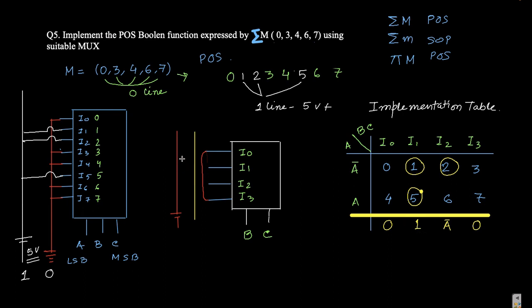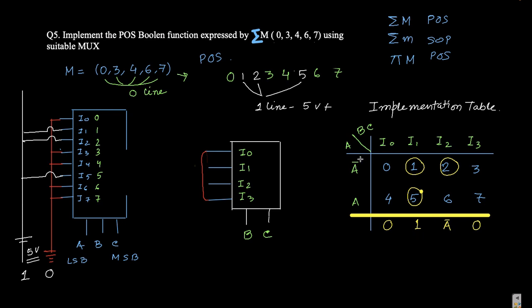So you can erase this. There is no need of 0 and 1 here. If it were 8:1 or 16:1, then it would be needed. So I0 and I3 both are 0, so they are short circuited, and for I1 and I2, one is 1 and another is A bar.